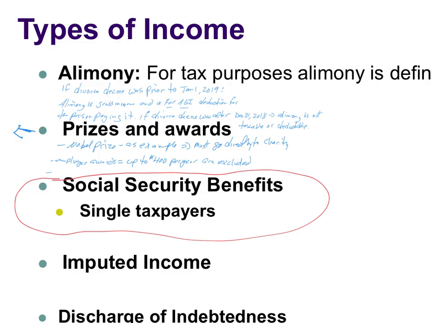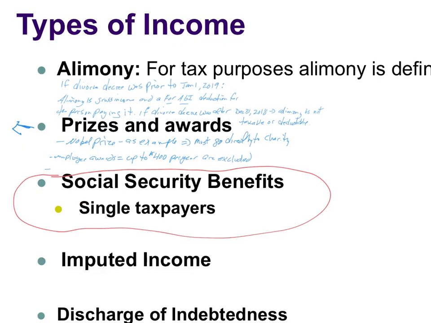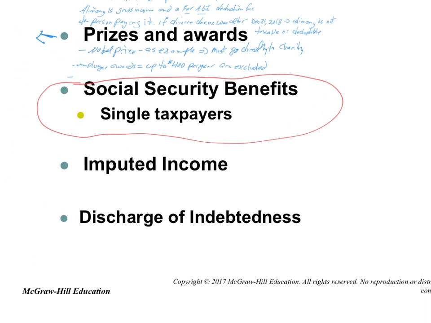Okay. Imputed income. All right. Imputed income can also be taxable. All right. And what is imputed income? Examples of imputed income can be employee discounts above a certain level.